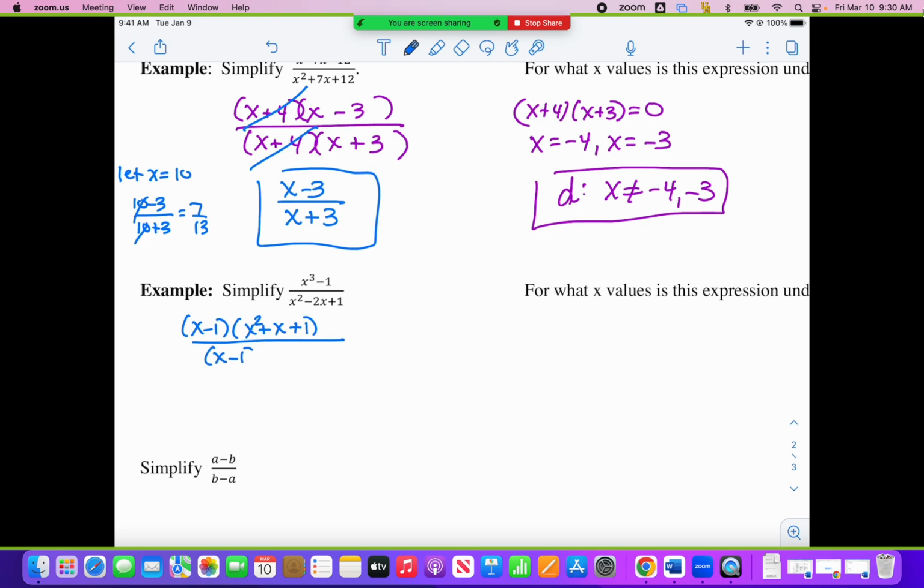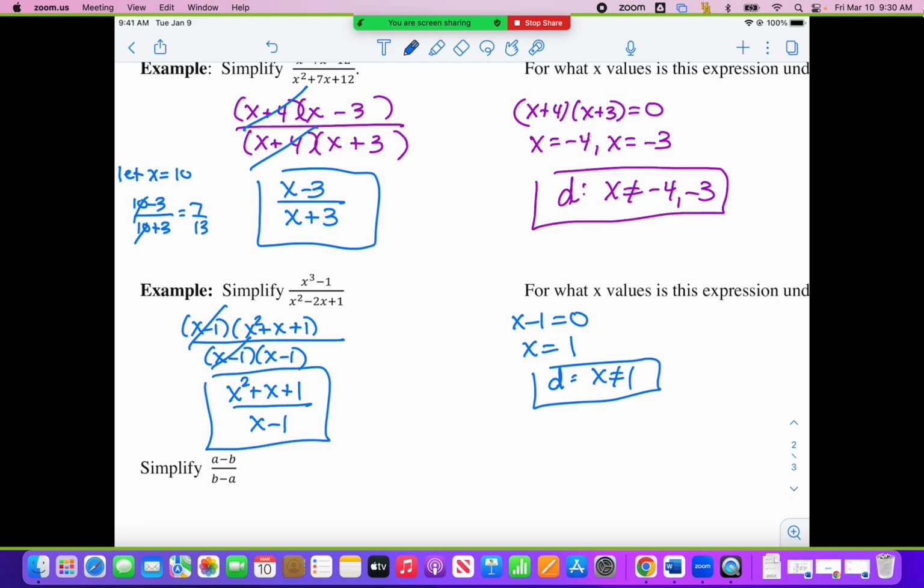And that's x minus 1 times x minus 1, right? So for my domain, I don't need to set x minus 1 equal to 0 twice, just once. And then one of your x plus 1s cancels. Does that make sense? Okay.